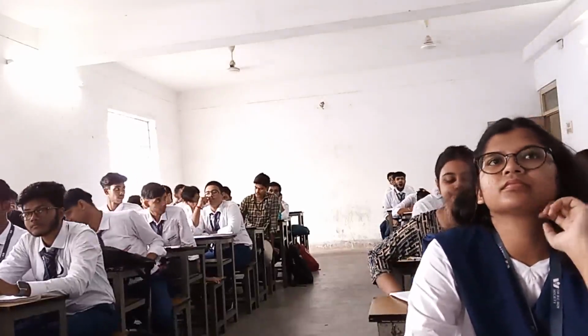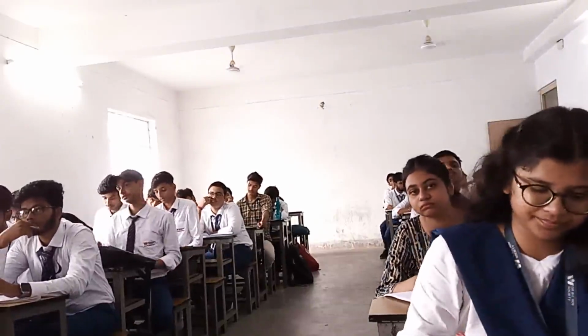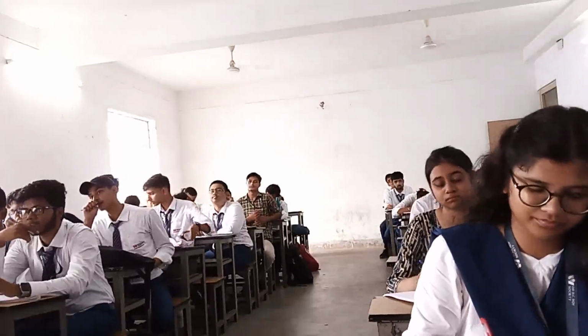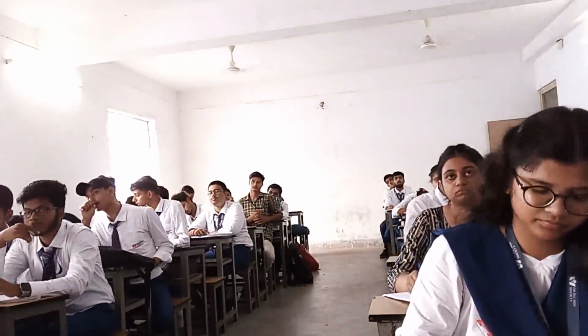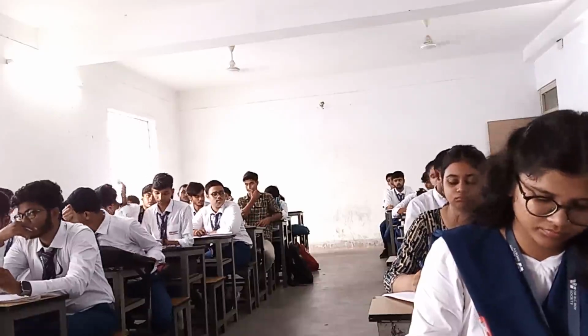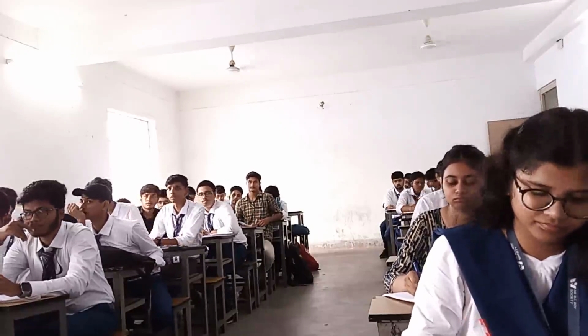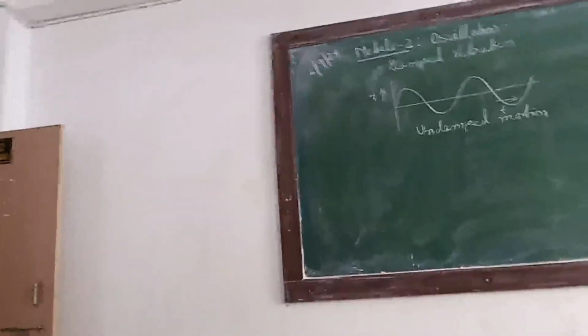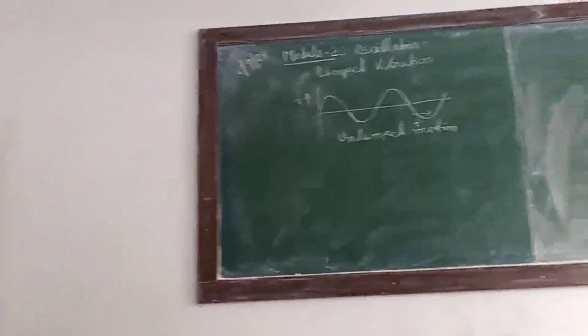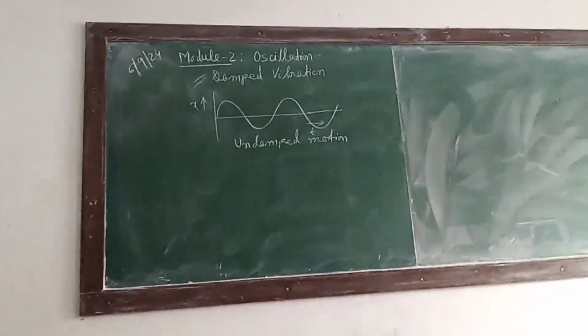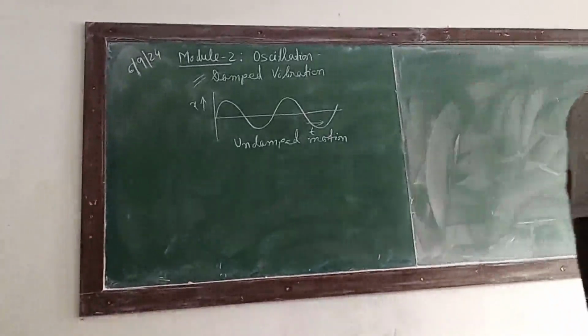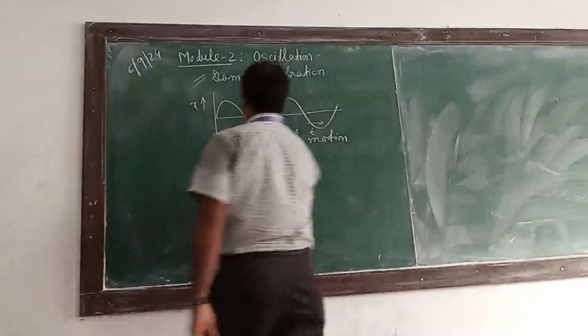Now, if we draw, this is the displacement x, time t. This is the undamped motion. Okay? And what is the damped motion?